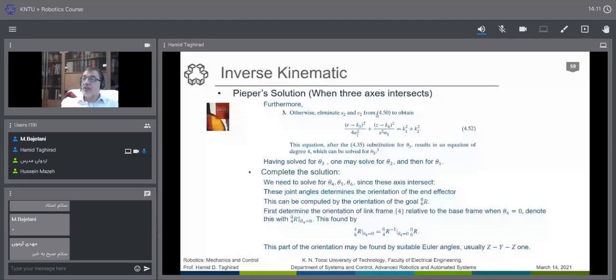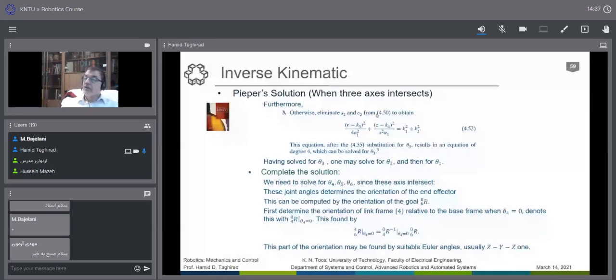The summation becomes a larger, more sophisticated equation, but only a function of K1, K2, K3, K4, which, as you see, is a function of theta 3 only. In any case, in the simple case or in the most general case, we can find theta 3 from this equation.